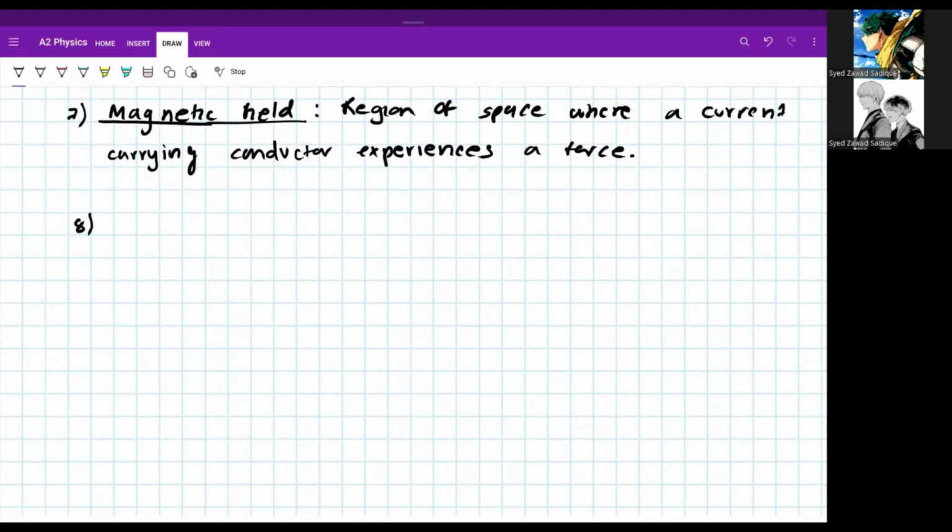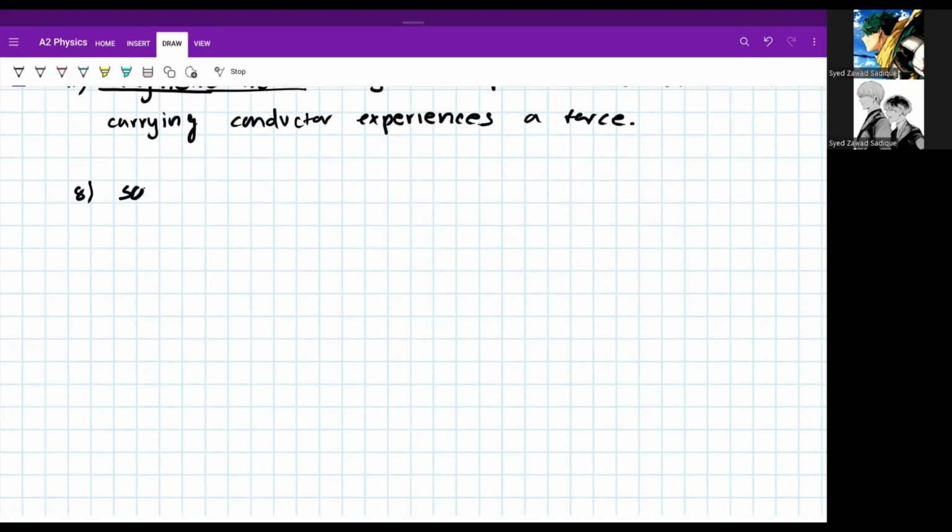Number 8 is sources of power loss within a transformer.